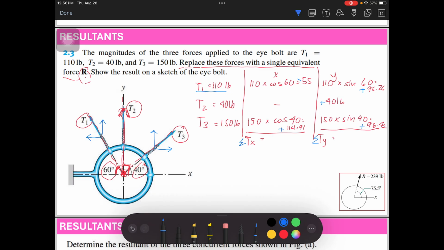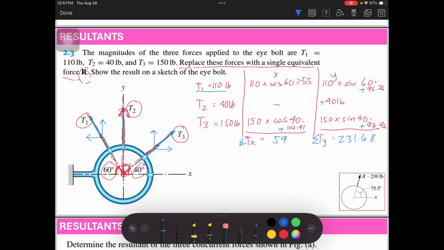So, summation nila is negative 55.59 plus 114.91, so this is 59. And then, for this one, 95.26 plus 40 plus 96.42, 231.68. So, nakuha na natin yung summation.